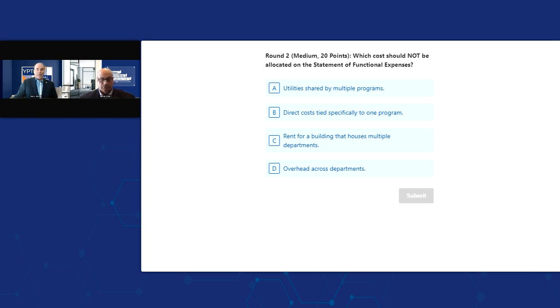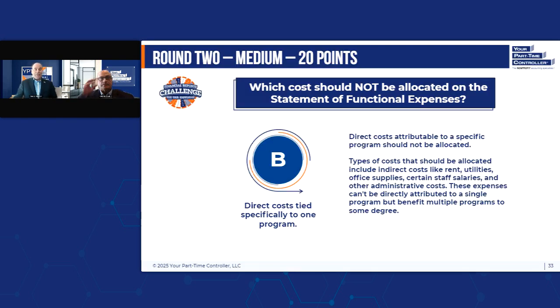All right, the correct answer is B, direct costs tied specifically to one program. Those are the costs that we should not be allocating. It bears noting that improper cost allocation can cause under or over reporting of the overhead costs. The natural classification of an expense is not used to determine overhead costs.